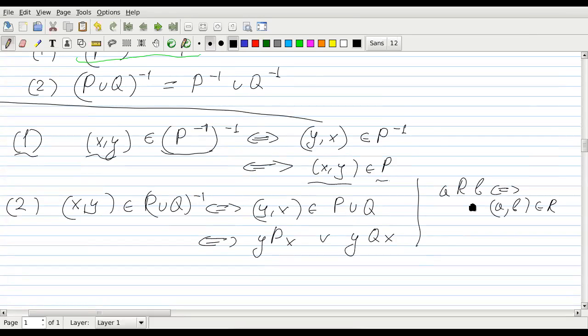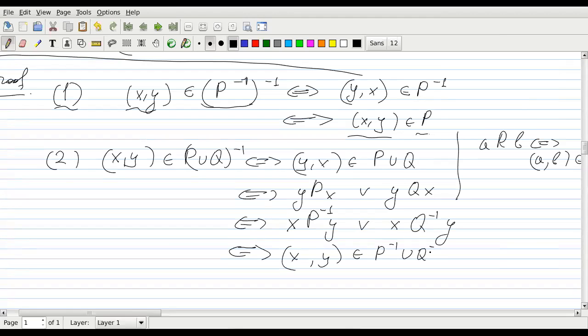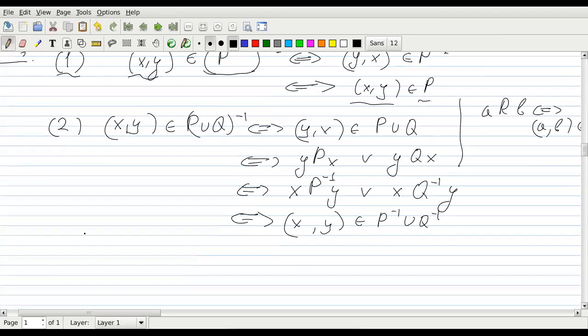Okay, but what does it mean that yx belongs to P? It is the same as xy belongs to the converse of P, of course. It's a piece of cake. It's very, very easy. So that means that xy belongs to the union of two converse relations. Is it clear?